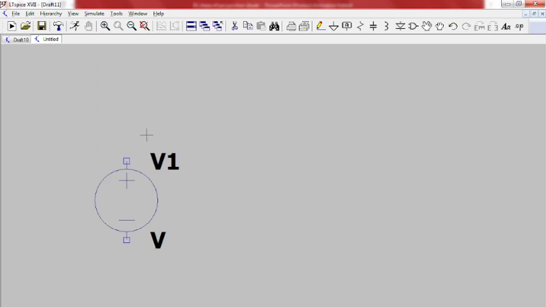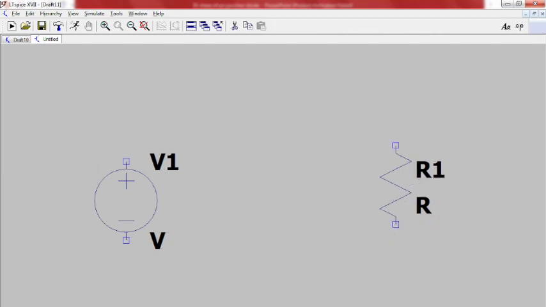Okay, for the completion of the circuit, we need a resistor. Take the resistor from here, just click. We can press Control plus R for rotating it. Just left click, then right click.